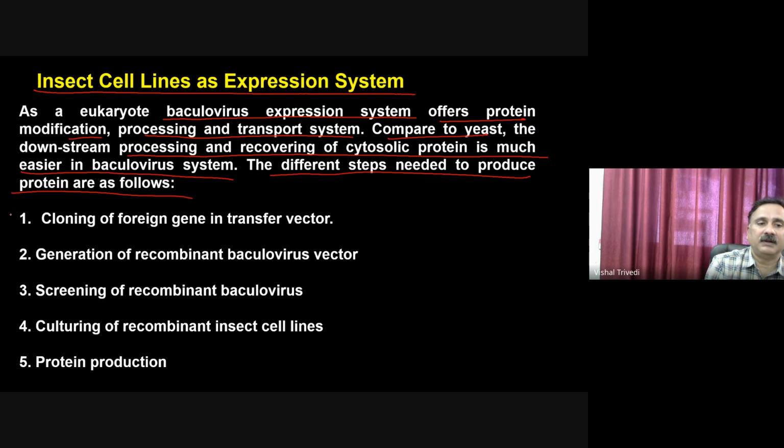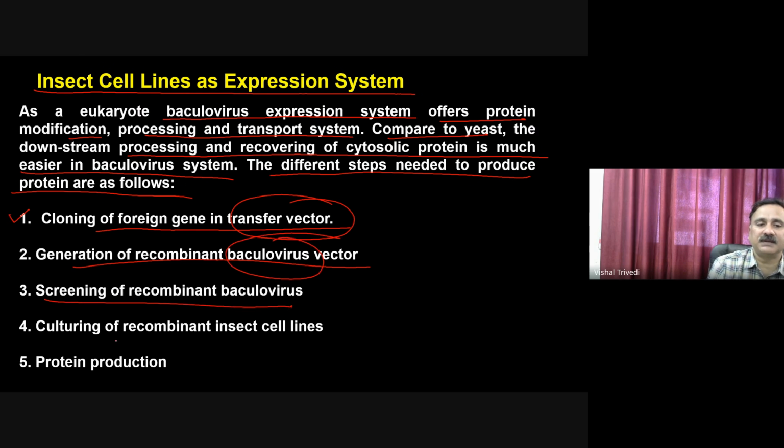For example, in the first step, you clone the foreign gene into a transfer vector. Then you generate the recombinant baculovectors, and then you screen these baculovirus vectors. Remember that the baculovirus is a virus which infects the insect cell line.